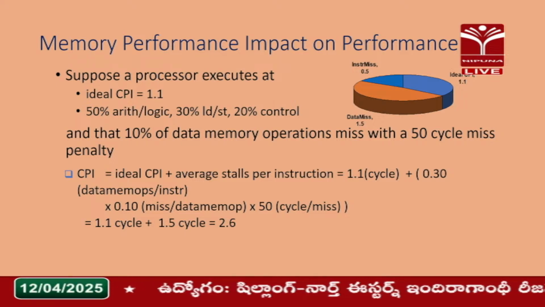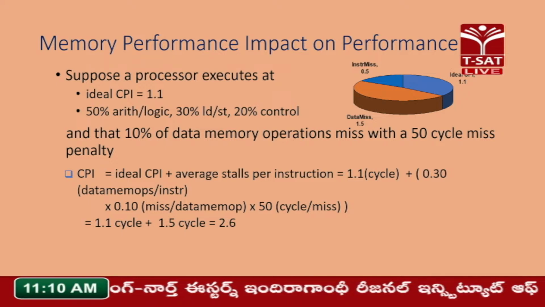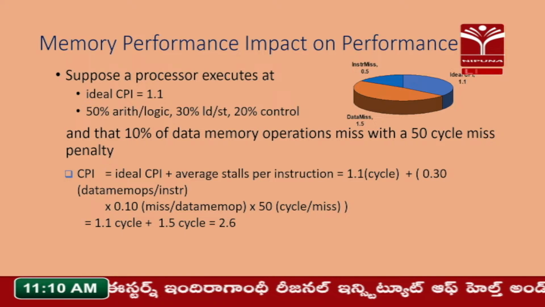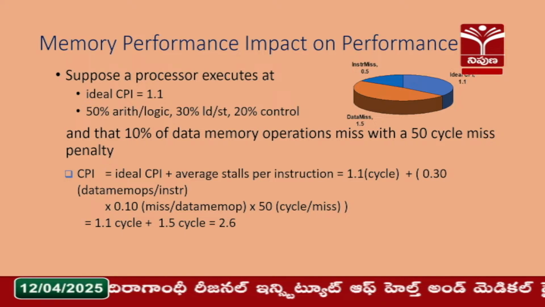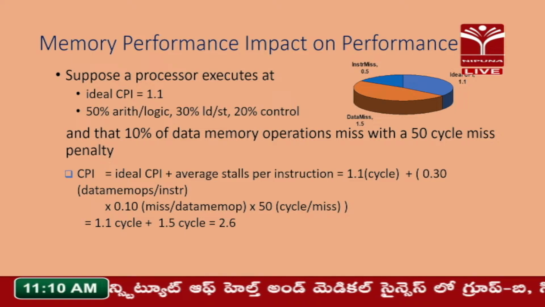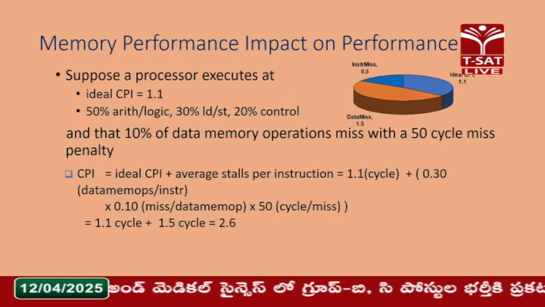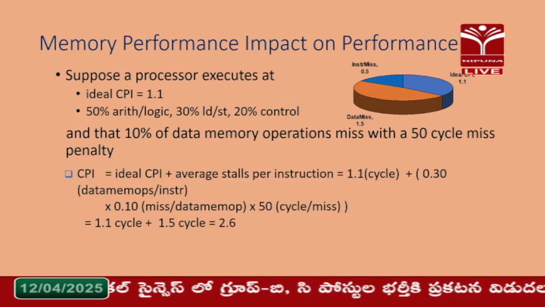So the IO is basically stalling the CPU in this case, right? So an IO stall of 50 clock cycles: you are having 10% of the 30% operations having a 50 clock cycle penalty, so the overall number equals 1.5 cycles.